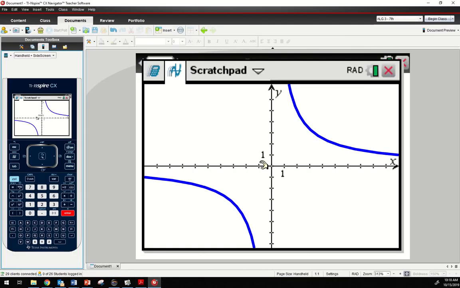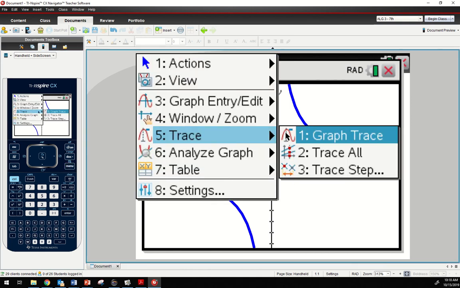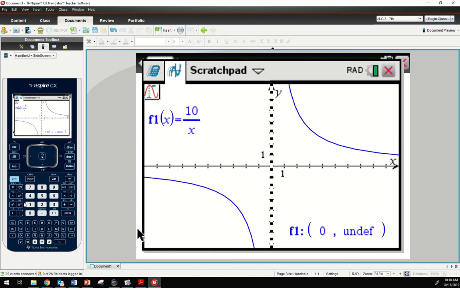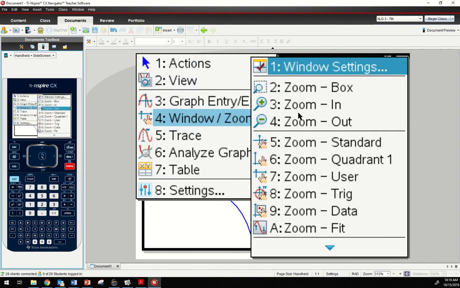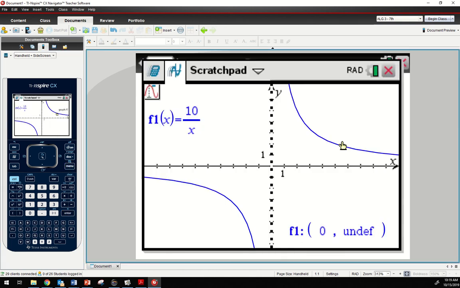Here it is, and I don't think it goes up. 1, 2, 3, 4, 5, 6, 7, 8. There you go. So 8 is going to be right there. So let me hit menu, trace, graph, and I want 8. Oh, I think I'm zoomed in too far. Zoom, standard.